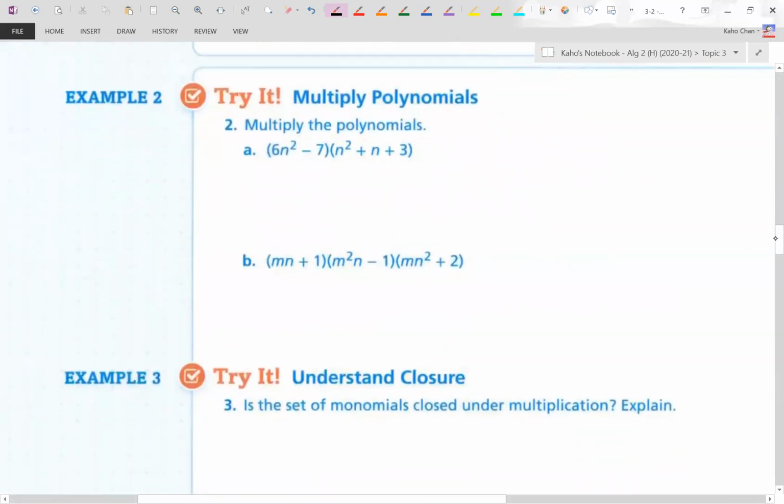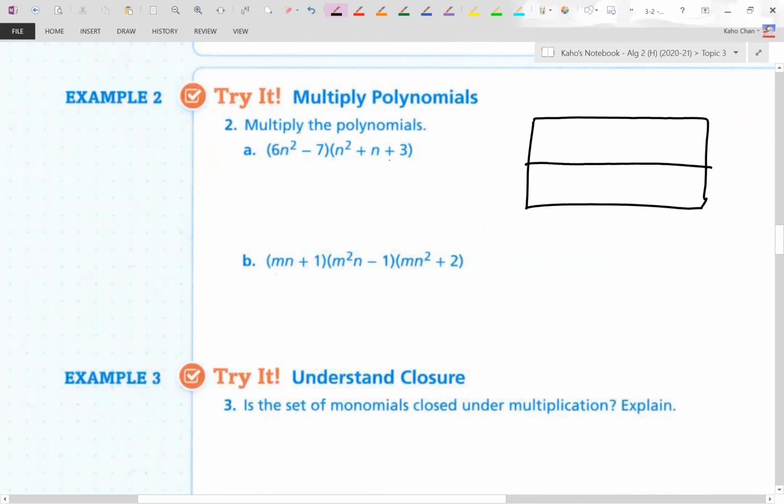Now, the best way to do these for some kids is to draw a rectangle. In this case, we have a binomial times a trinomial. The rectangle I just drew shows a 2 by 3 rectangle, represented the polynomials off to the left there.